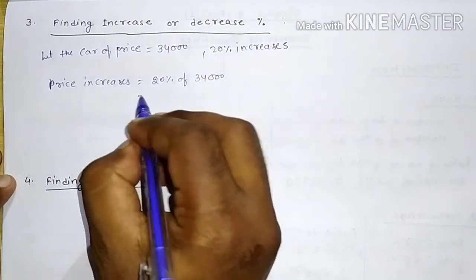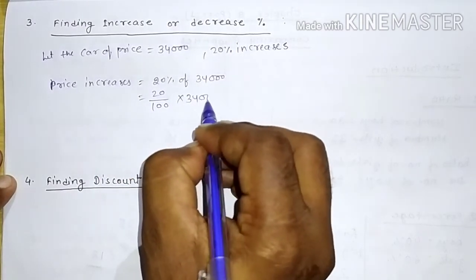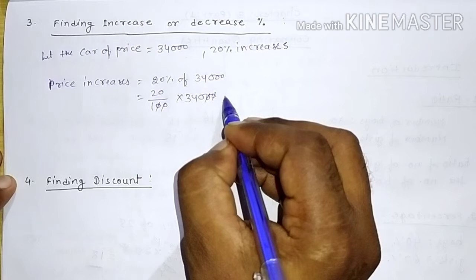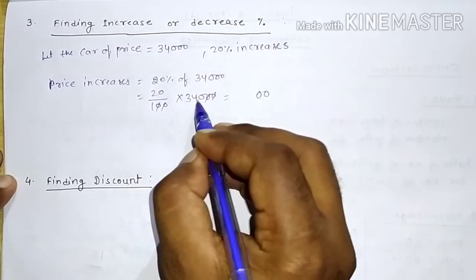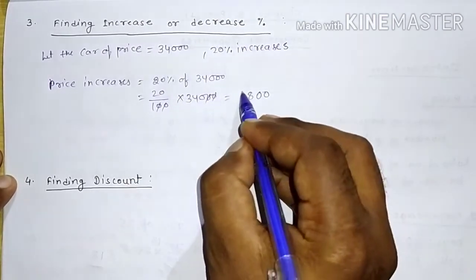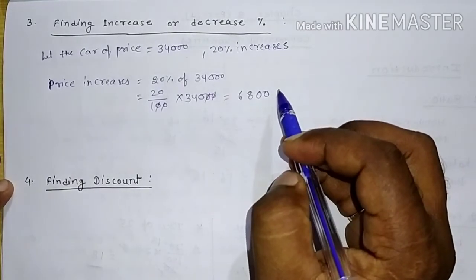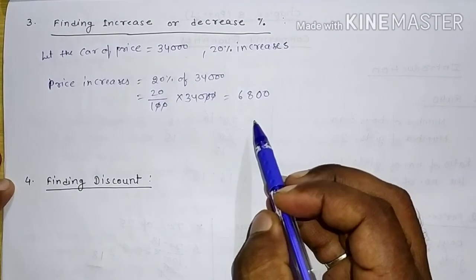Just calculate it. 20 divided by 100 into 34,000. So 0 0 cancel out. Now 2 4 is 8, 2 3 is 6, 6,800. Now 20% of 34,000 is 6,800.